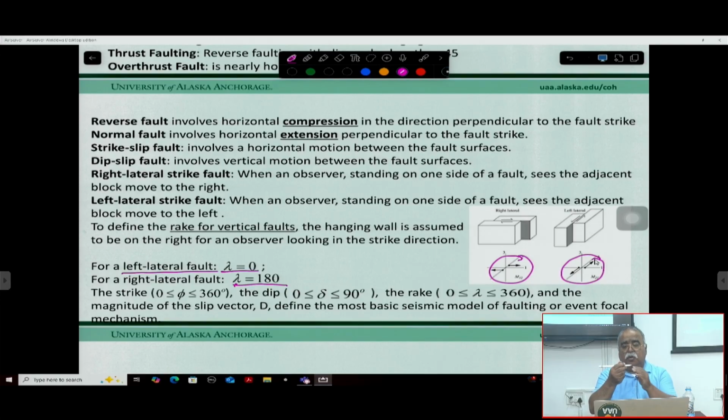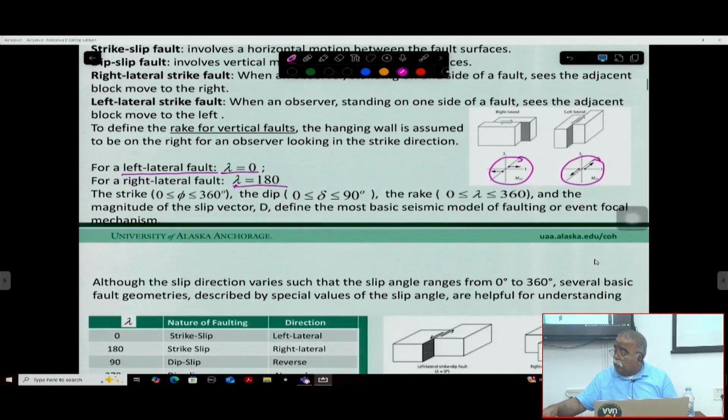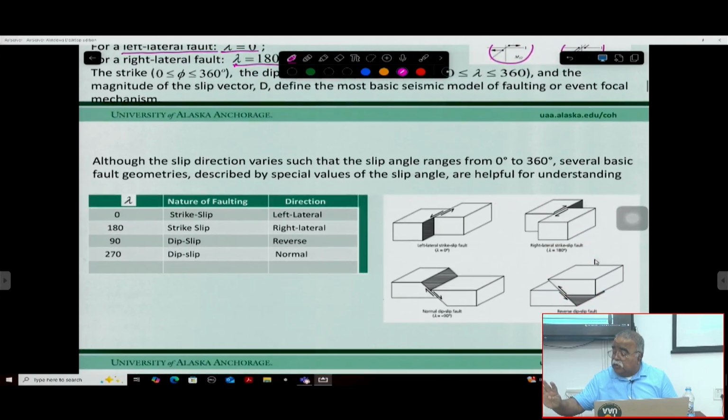Because dip is measured from the horizontal direction, it will be this. Lambda can go from 0 to 360, and the slip vector is defined as the most possible way of slipping of the plane, right? You all understood this, right?